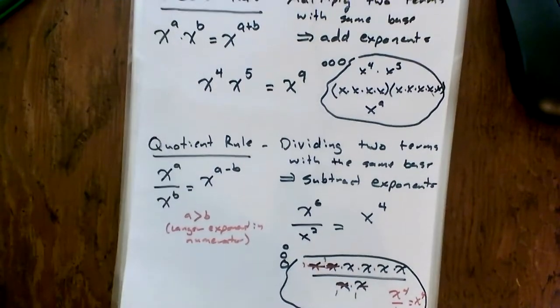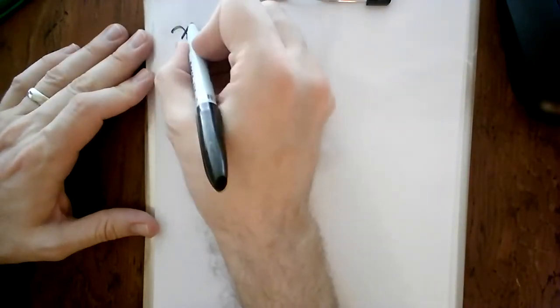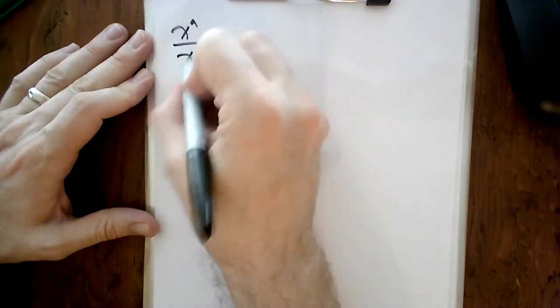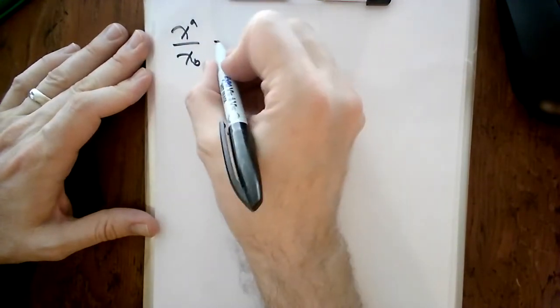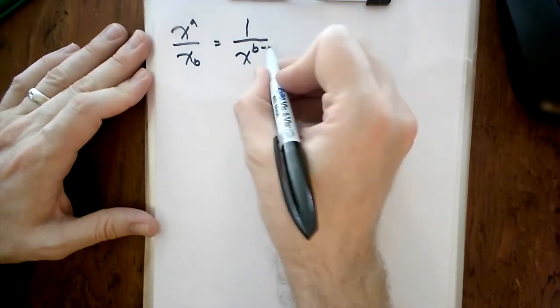I am going to show you my preferred way. And my preferred method of doing this is if we've got x to the a over x to the b, this could also be 1 over x to the b minus a.